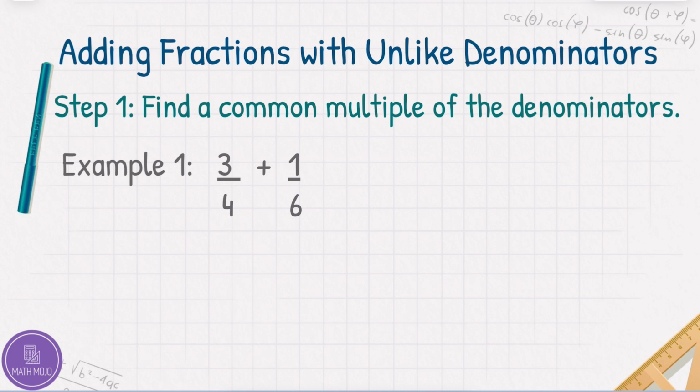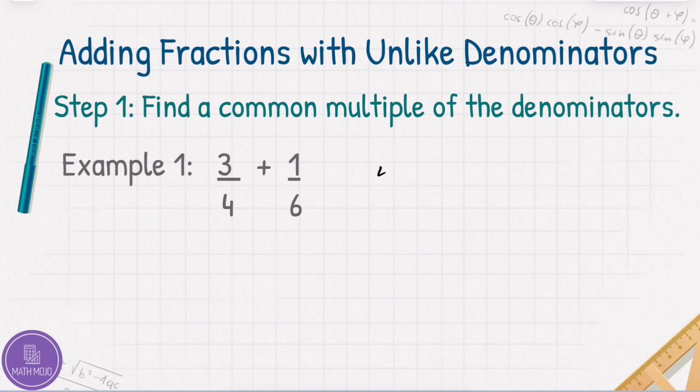Now let's start off with adding fractions with unlike denominators. So step 1, find a common multiple of the denominators. For our first example, we have 3 over 4 plus 1 over 6. We can't add these straight through because the denominators are not the same. So we need to find a common multiple.